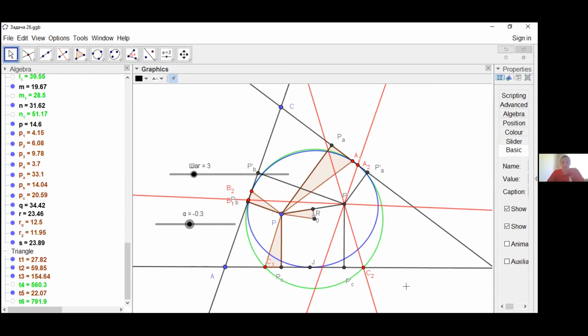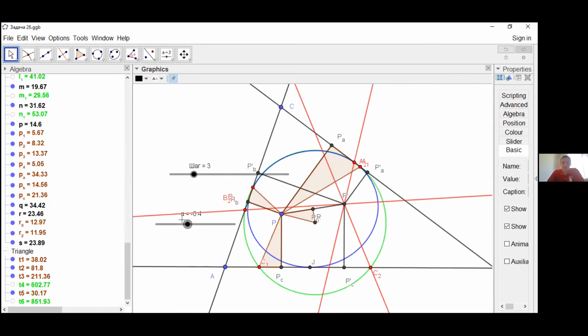So looking at this construction, what do we see?